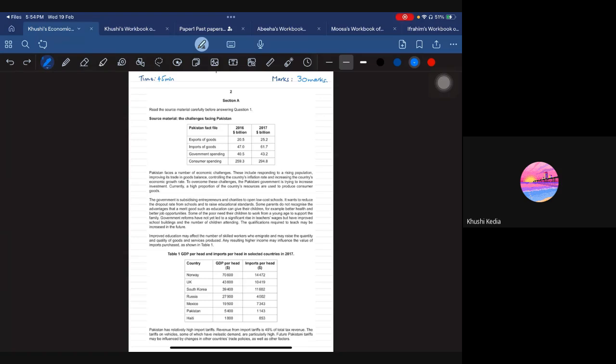Is that the import of goods minus export of goods? You're doing the opposite. Export of goods minus import of goods? Yes, for 2017. So what is going to be the answer? I'm just calculating it, sir.